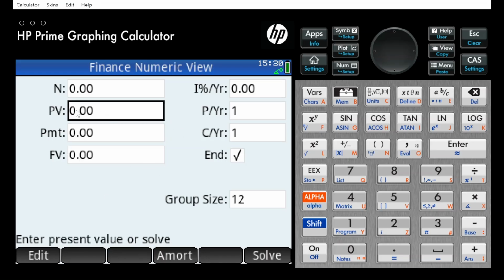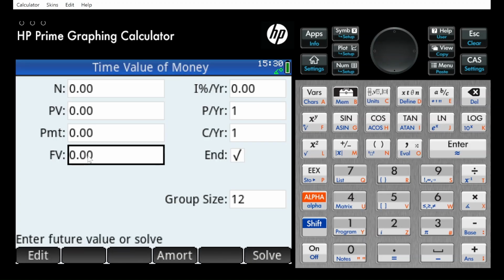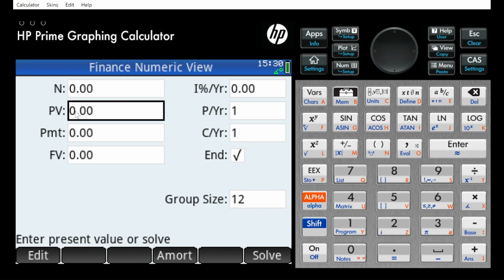Note that present value and future value have some rules in this calculator. One of them must be inputted as a negative value. Let's say the present value is $5,000, then I will input the present value, which is 5,000 here, as a negative value. So that is negative 5,000.